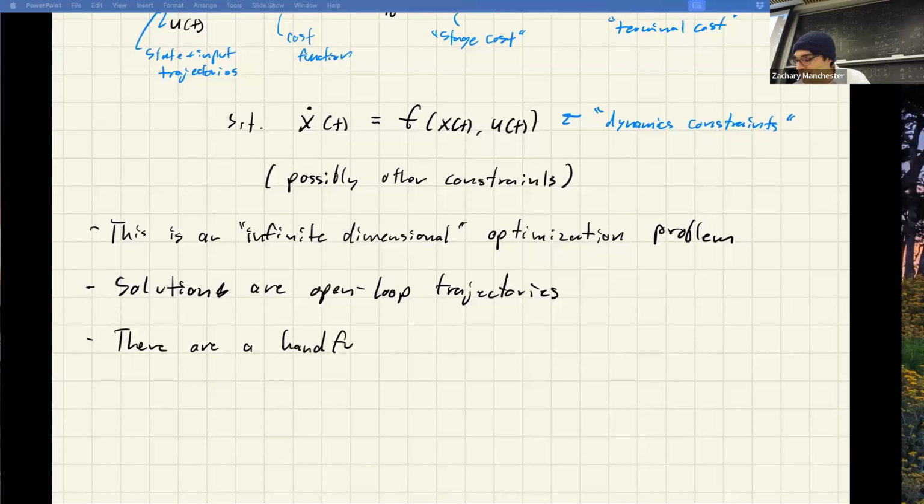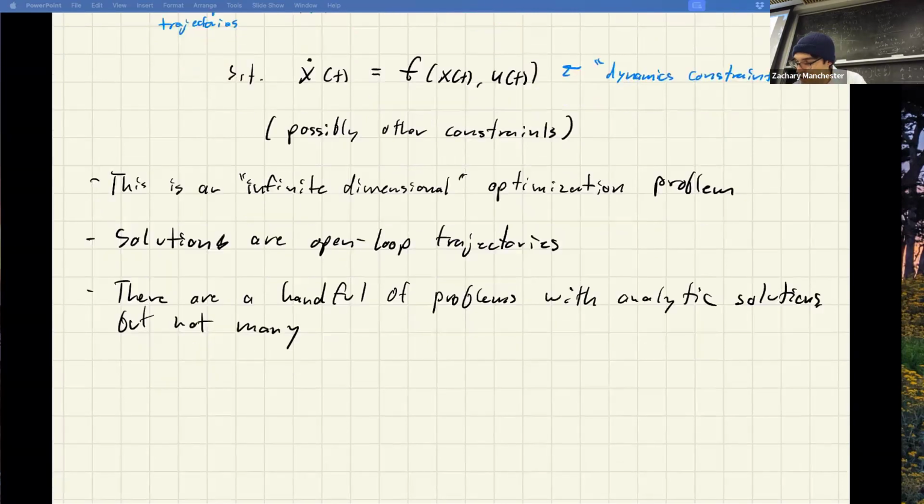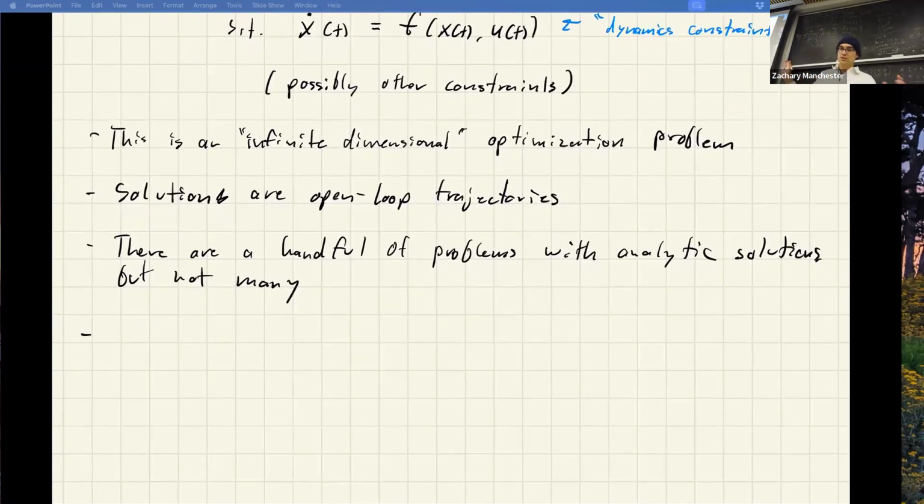We will talk about one specific problem that does have a closed form solution a whole lot, because it's pretty useful. And then the last thing to say here is I wrote this in continuous time just so you know about it, right? But we're basically going to discretize this thing and do everything in discrete time from now on.